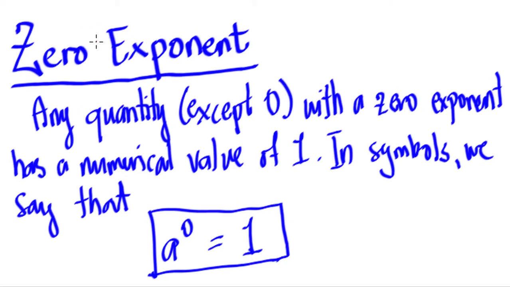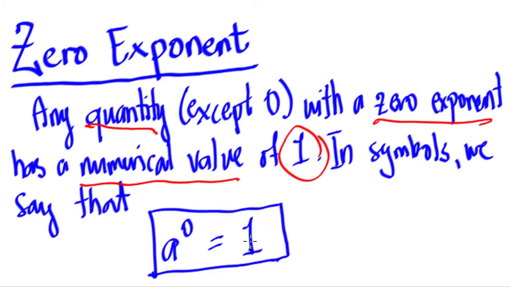The zero exponent property tells us that any quantity, anything at all, except zero, so please take note of this, except zero, with a zero exponent has a numerical value of 1. So if it has a zero exponent, it has a numerical value of 1, meaning in short, it's equal to 1.